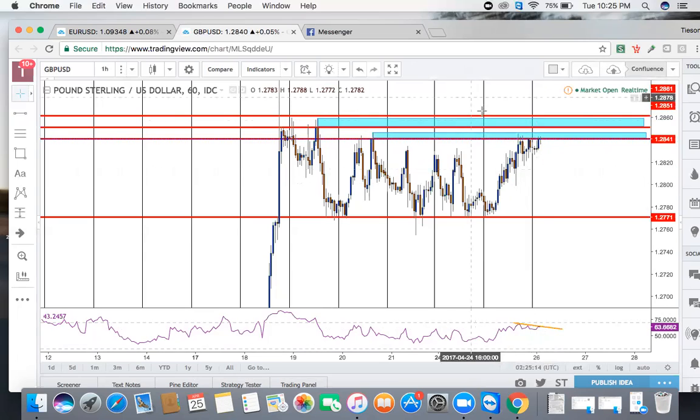So all the way up here, because it would have to get through all of these wicks. It would have to get through this zone. It would take a lot to hit our stop loss. And in the grand scheme of things, risking 30 pips or so to catch about 70 pips, our risk to reward is very good. I always like to make sure I keep that good for you guys.